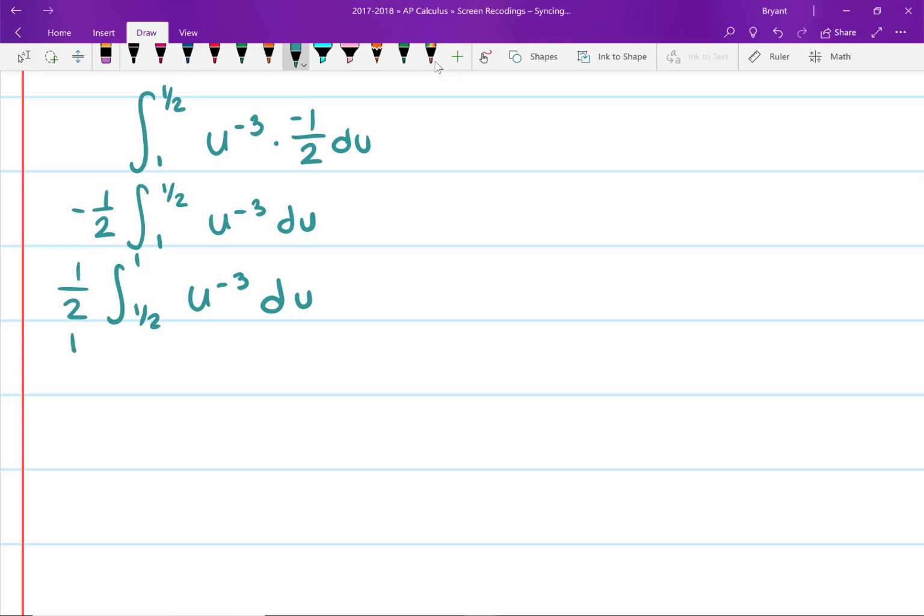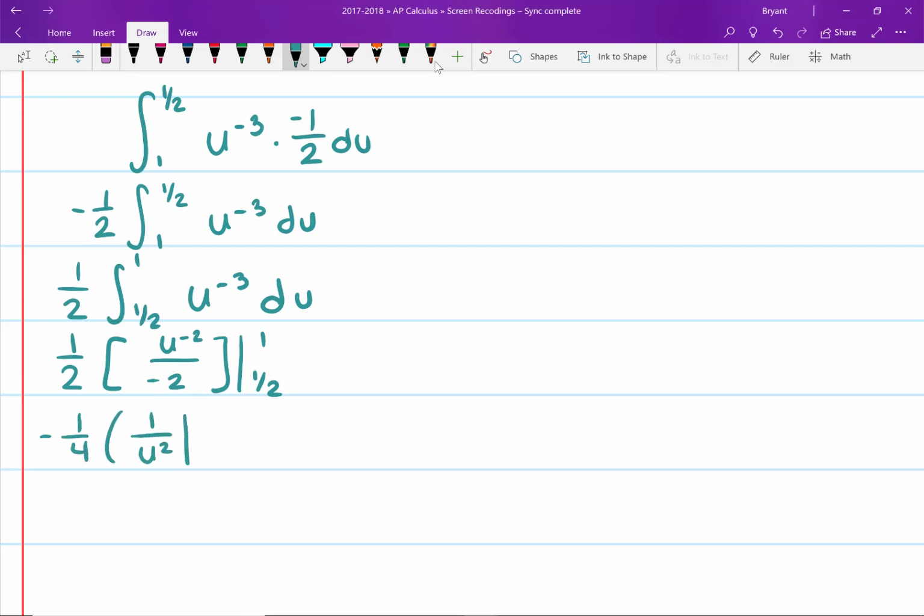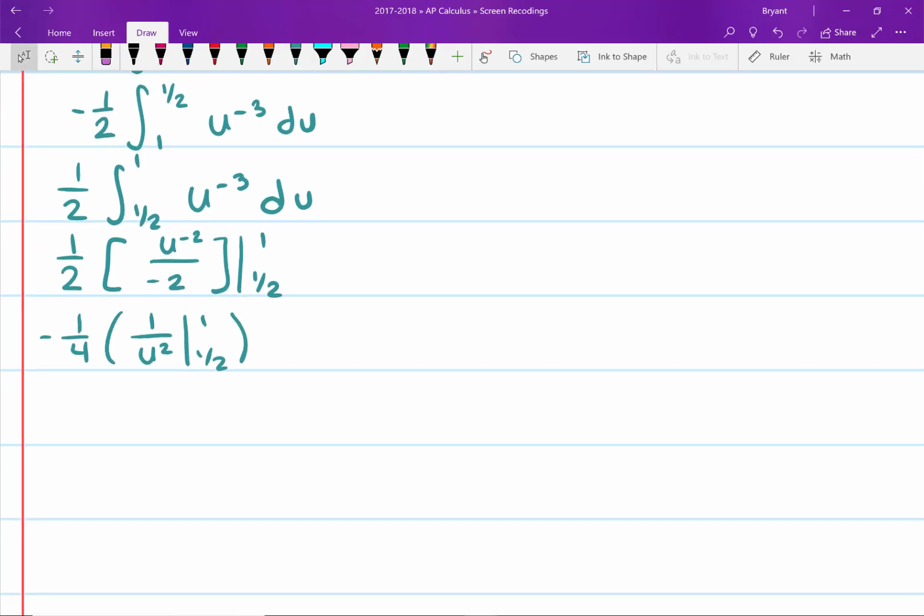Now when I integrate, I'm going to get this as 1/2 times u to the negative 2 divided by negative 2 from 1/2 to 1. So this is going to be negative 1/4 times 1 over u squared from 1/2 to 1. So this is going to be negative 1/4, 1 over 1 squared minus 1 over 1/2 squared.